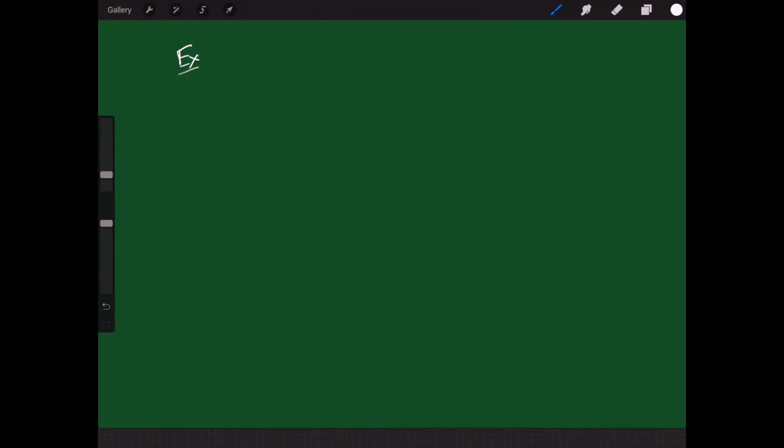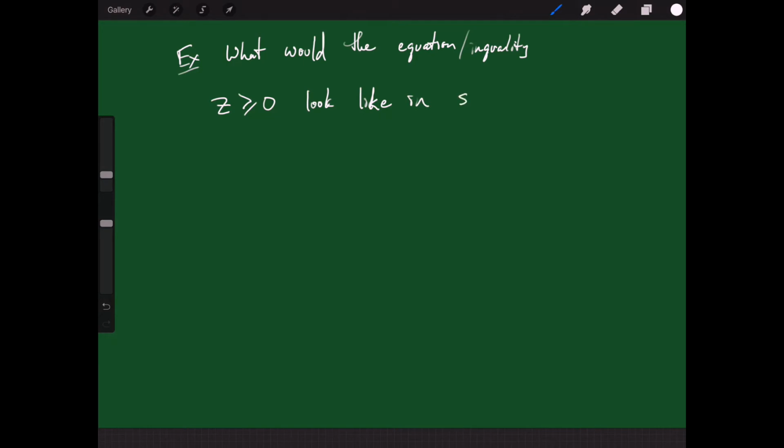So let's take an example. What would the equation slash inequality z is greater than or equal to 0 look like in 3 dimensions, or if you prefer, in space?